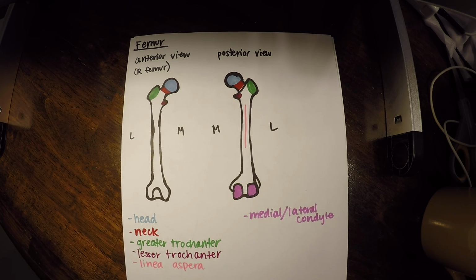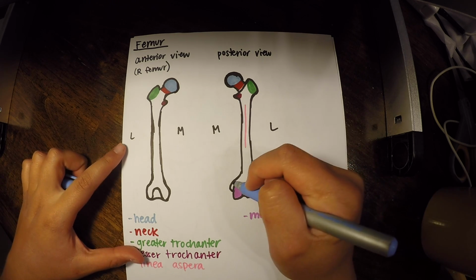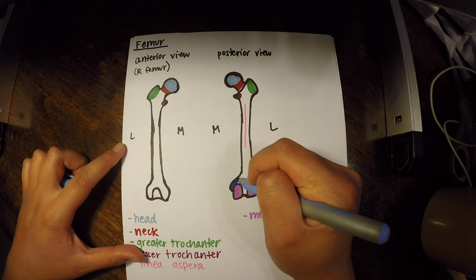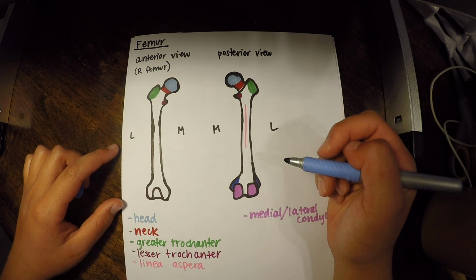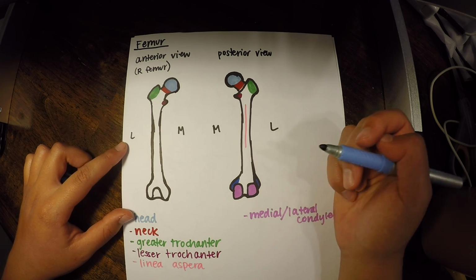Now, what did we have above the condyle when we're looking at the humerus? We had medial and lateral epicondyles. So let's label those here because we actually have the same thing. Right here and right here. And then anteriorly, we can only see the epicondyles.